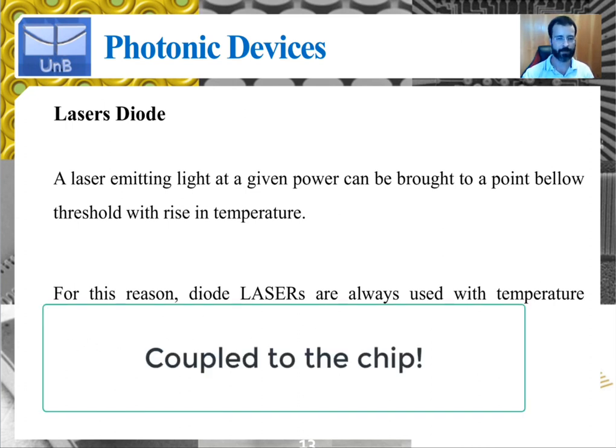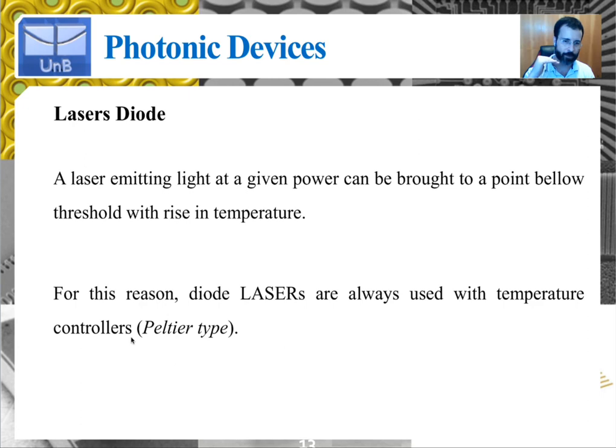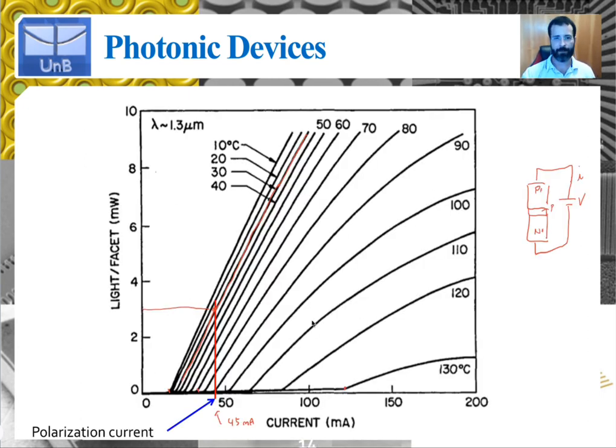So on the same chip you have some control mechanism for cooling the device and keeping the temperature steady, because otherwise this is what happens, right? You would be moving along a given vertical line here, and the power at the output would vary dramatically with temperature, and that's the reason why temperature control is important.